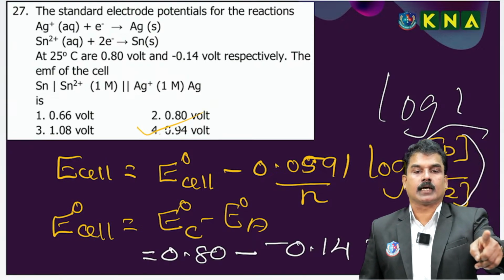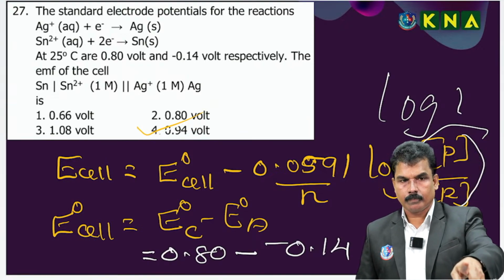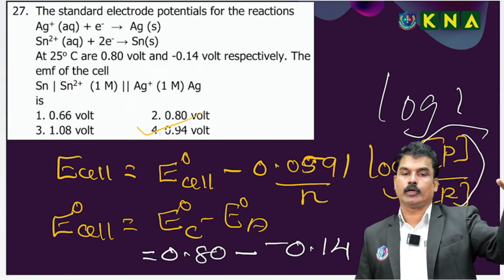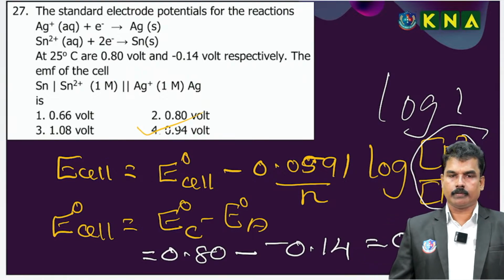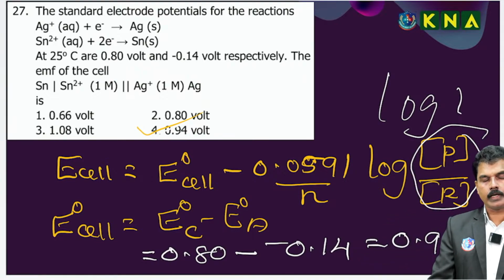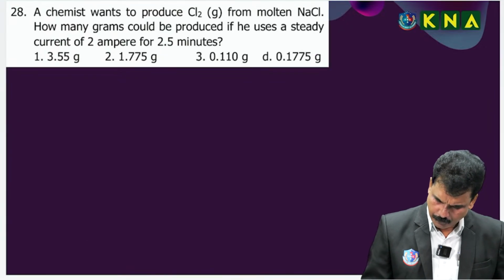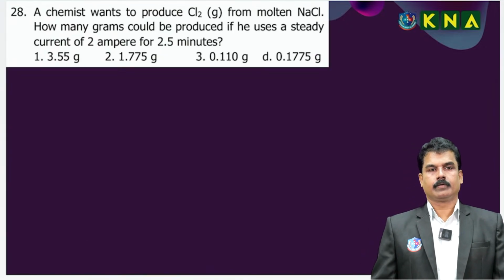Both the concentrations are the same, 1 molar, 1 molar. 1 molar, square or cube when you are using, the value will be 1 only. Log 1 is 0. So E cell becomes equal to E0 cell. Okay. Next question.